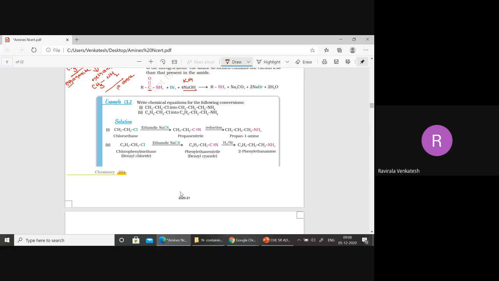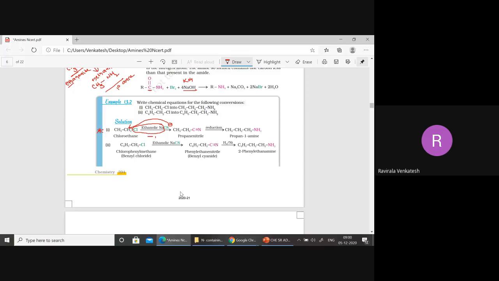Very simple. When you treat ethyl chloride with NaCN, this we have discussed in nucleophilic substitution reactions of alkyl chlorides. There nucleophile is CN minus, attacks over CH2, SN1 reaction, SN2. Do you remember SN1, SN2? All of you?